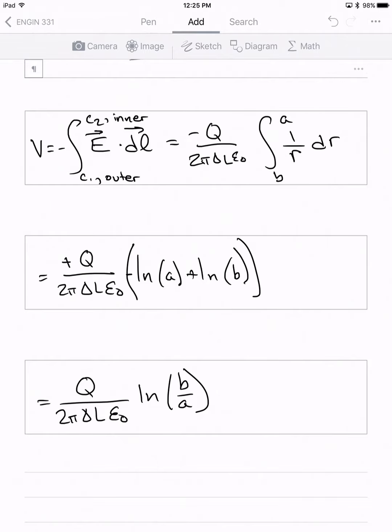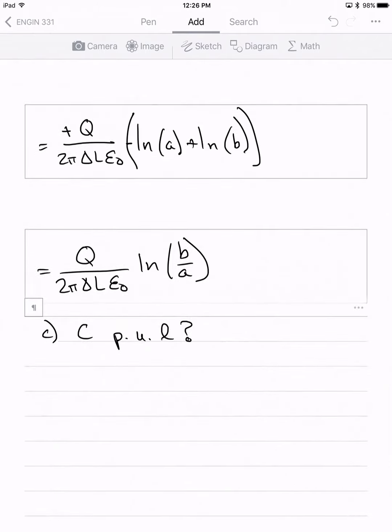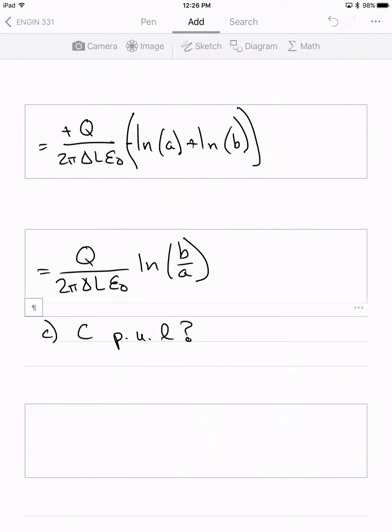So then, in part C, we are asked to find the capacitance per unit length. In order to do that, first of all, we will take the definition of capacitance. Capacitance is Q over V, charge divided by voltage.